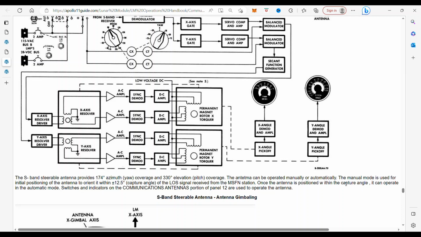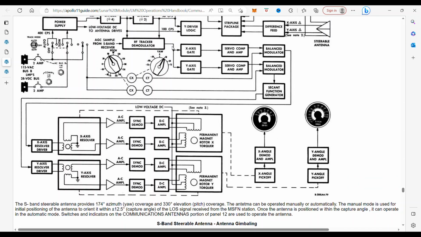The manual mode, this is important, is used for initial positioning of the antenna to orient within 12.5 degrees. That's the capture angle. So in order for this automatic gain control to work, you've got to get it within a band, and that's what they used the manual for.